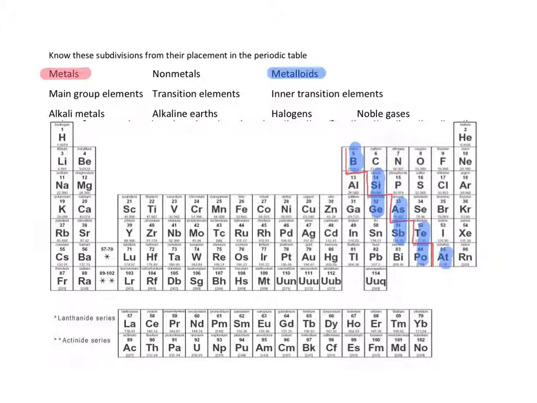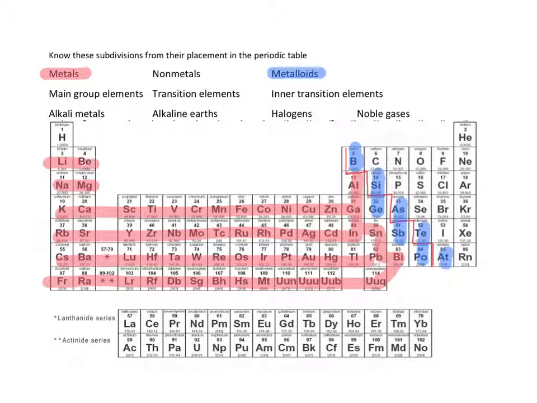The metals consist of the great bulk of the periodic table below and to the left of that staircase, not including the metalloids. So all of these elements, all of these that I'm indicating here, except of course for hydrogen, and all these in the rows below. So those are all the metals.